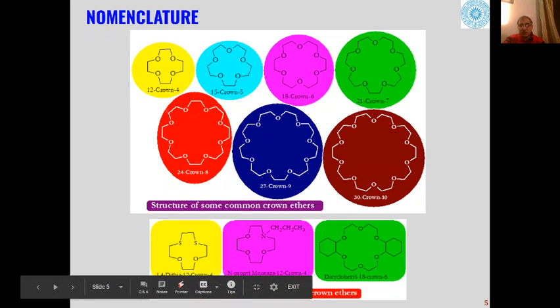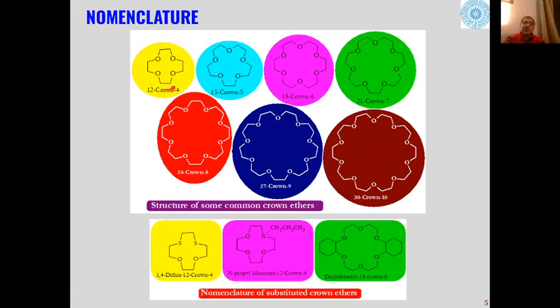So these are the structures and names of some of the common crown ethers. The first one is 12-crown-4. So the total number of atoms present in this is 12 and 4 are oxygen. So first 12, then the word crown is added, and then the number of oxygens present.